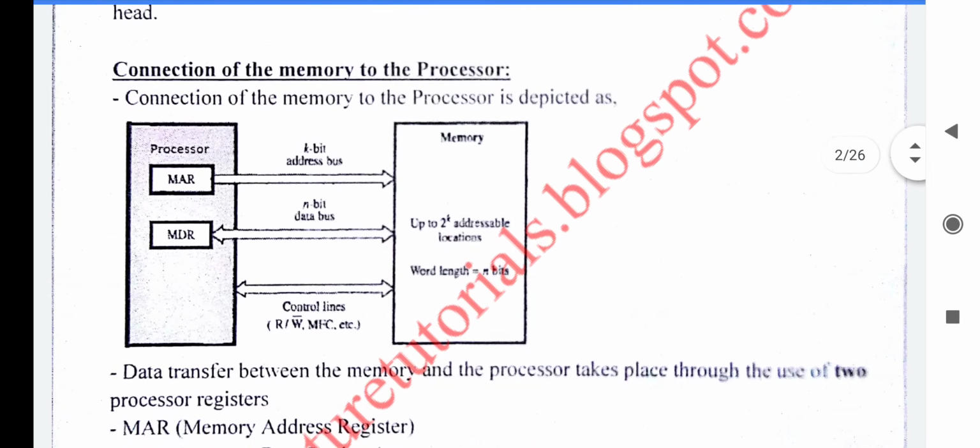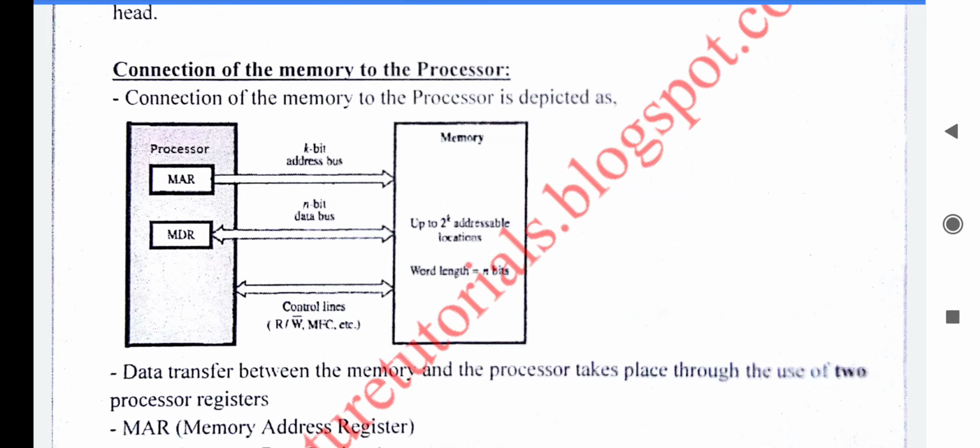Next, how is the connection established from memory to the processor? The connection of memory to the processor.